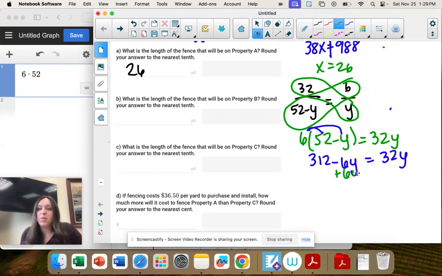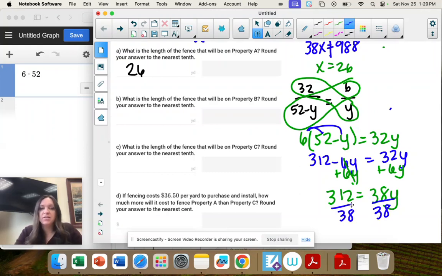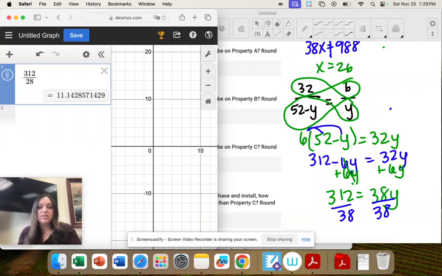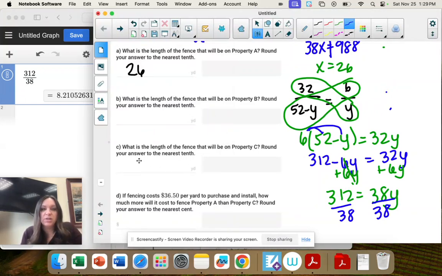I'm going to get my Y's together, so I'm going to add this over. Now I have 312, not 322. 312 equals 38Y. Divide both sides by 38. So 312 divided by 38 is 8.2. It says round to the nearest tenth.